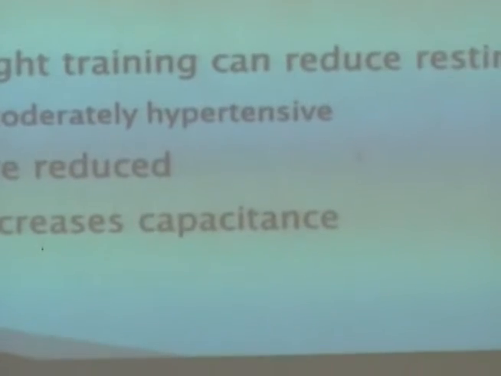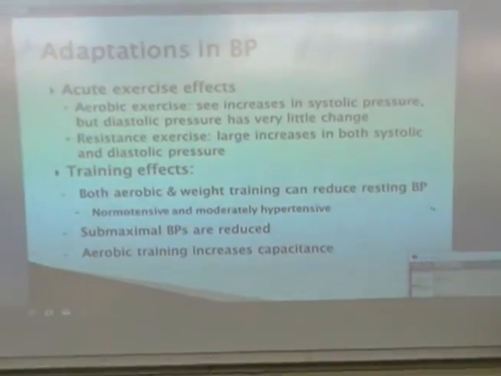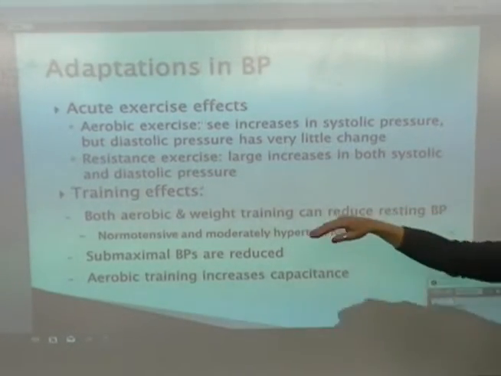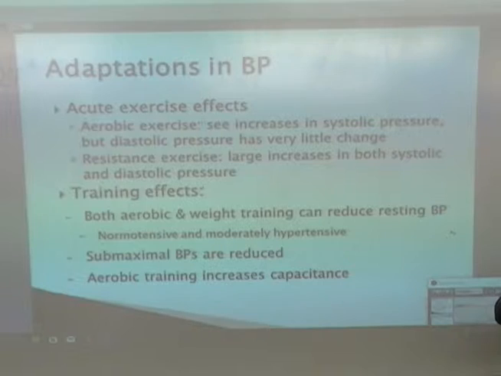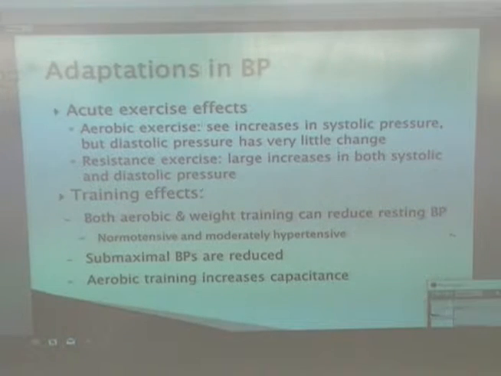So we see some acute change in blood pressure at the time of the exercise, but we are also able to obtain some chronic training effects, which is very beneficial, okay? So in the immediate sense, if you do aerobic work, your systolic pressure increases, but your diastolic pressure stays relatively stable.